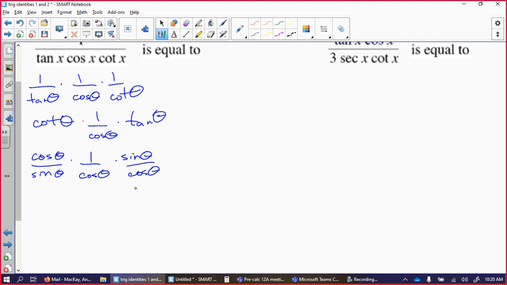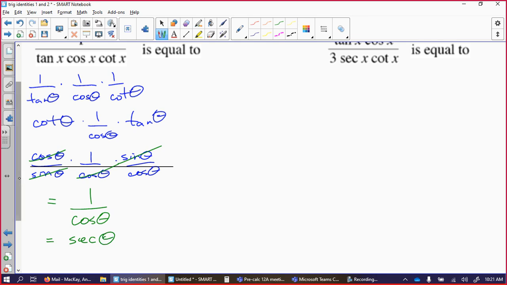Now we have one giant fraction that we can start canceling things. I've got a cos upstairs, a cos downstairs, they go away. A sine upstairs, a sine downstairs, they go away. So we're left with 1 over cos theta, which really is just secant theta.